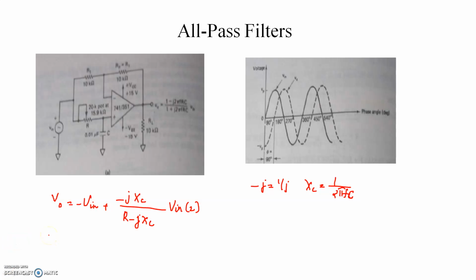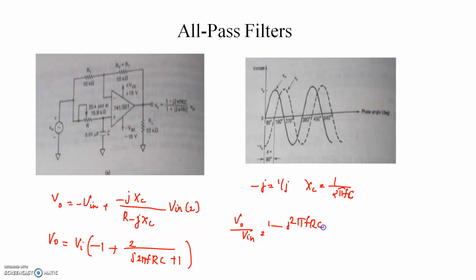So substituting, we obtain Vo equal to Vin into (minus 1 plus 2 by (j 2 pi fRC plus 1)). On simplifying, we obtain Vo by Vin equal to (1 minus j 2 pi fRC) divided by (1 plus j 2 pi fRC).